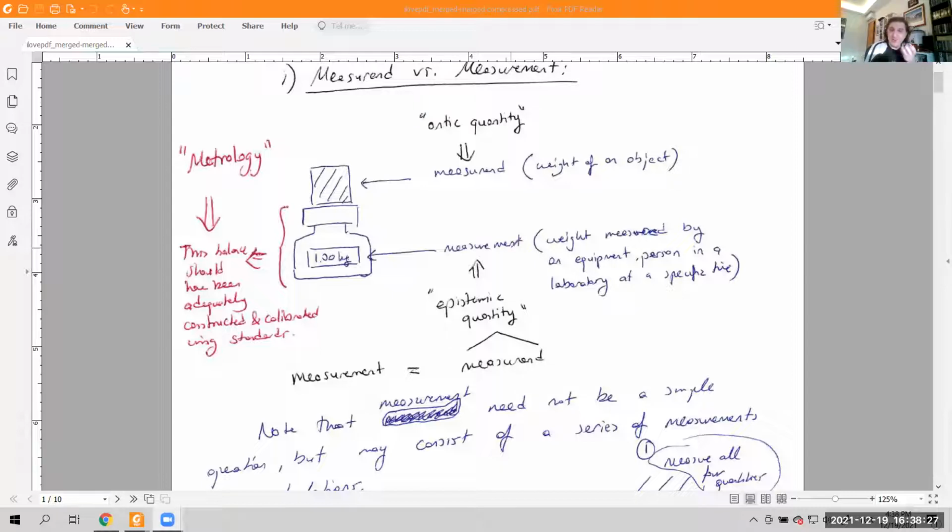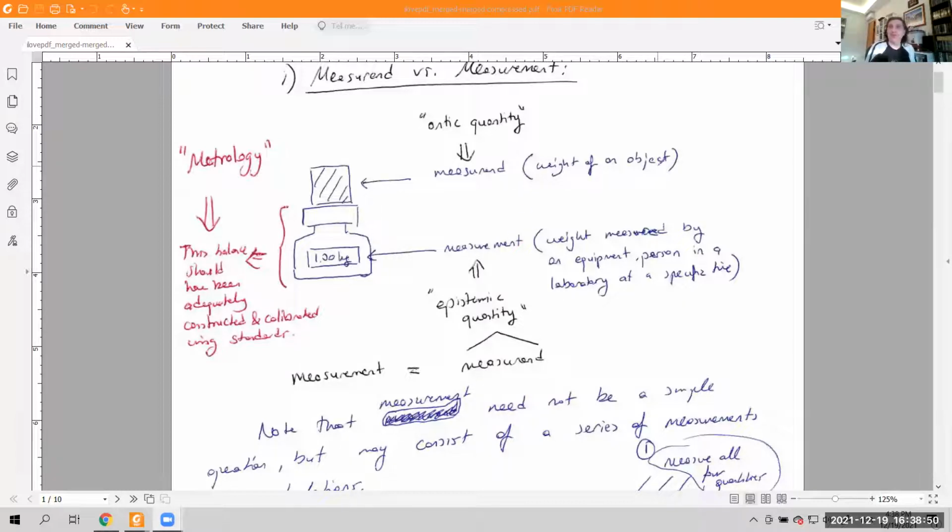So what we really know is our measurement. It's not the measurand. So it's going to be an epistemic quantity. So there's a distinction between those two. From this quantity, we would like to obtain information about the objective reality. So we should realize that the measurement itself is not the outside reality.